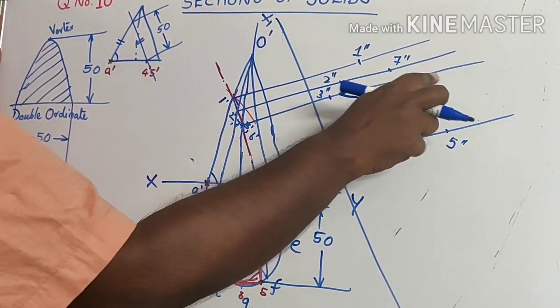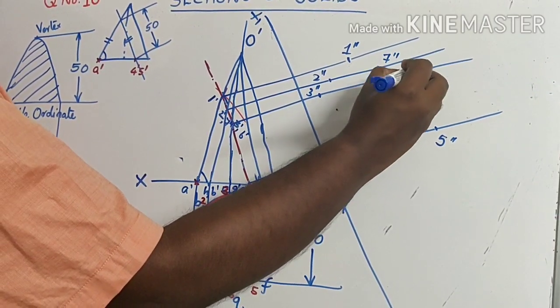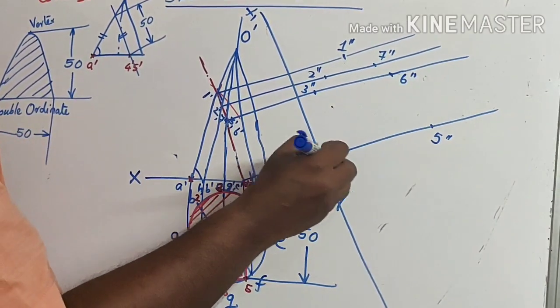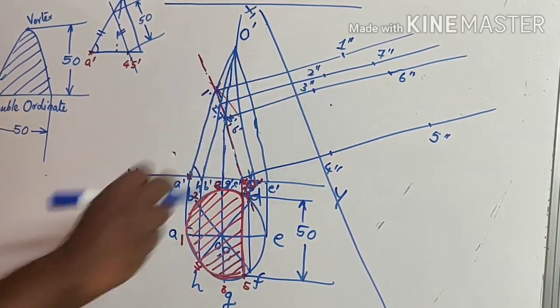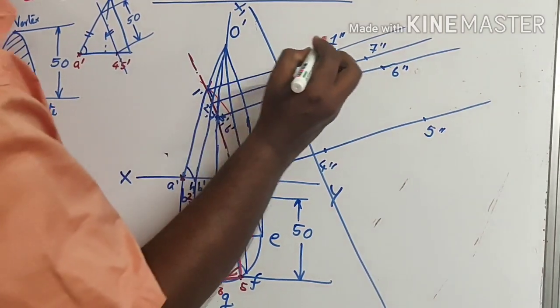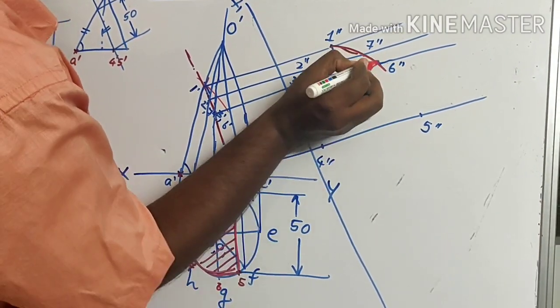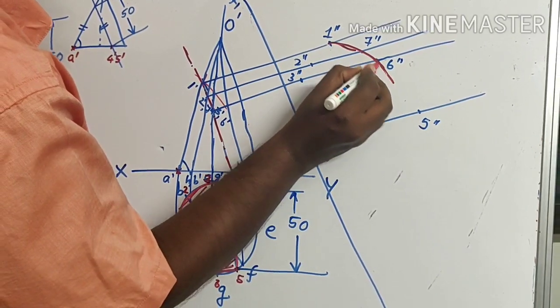Now you can join a smooth curve connecting all these points. You can have a closed curve, a smooth curve connecting all these points.